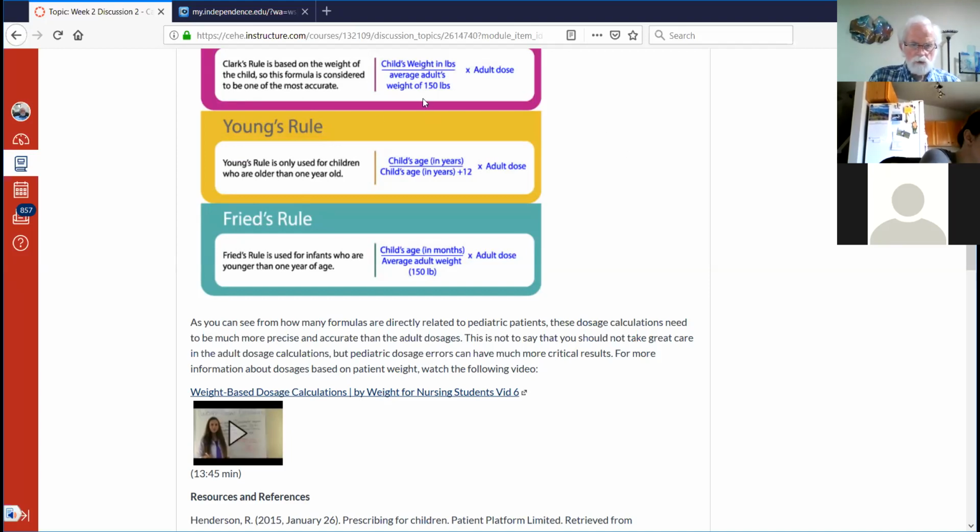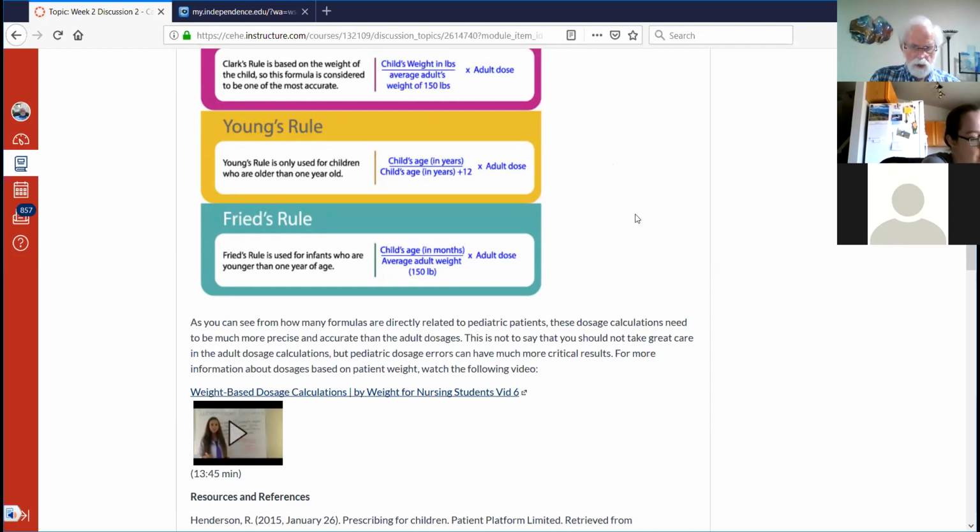Young's rule, Clark's rule. Clark's rule is based on weight, and Young's and Freed's on age. Again, looking at only age assumes that all children are uniform, which of course is simply not the case.